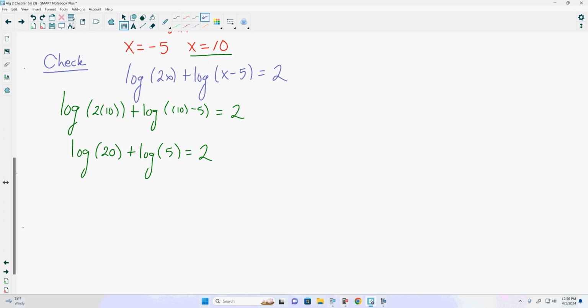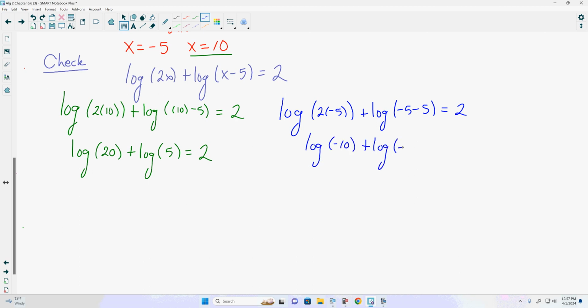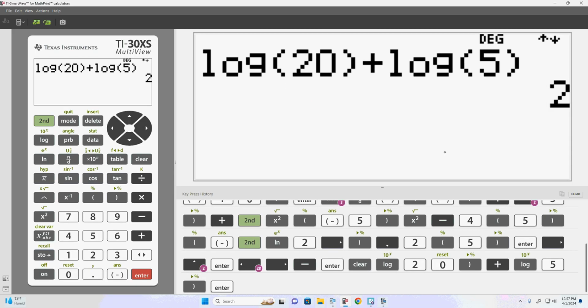We can do the same thing for our other one, negative 5. So we'd have log of 2 times negative 5 plus log of negative 5 minus 5 is equal to 2. Well, our 2 times negative 5 is negative 10. Negative 5 minus 5 is indeed negative 10. And again, we can check this here.